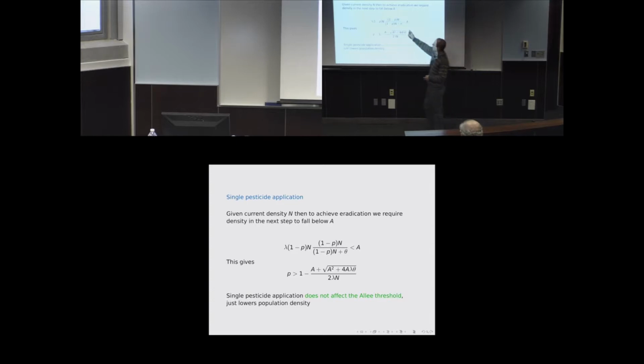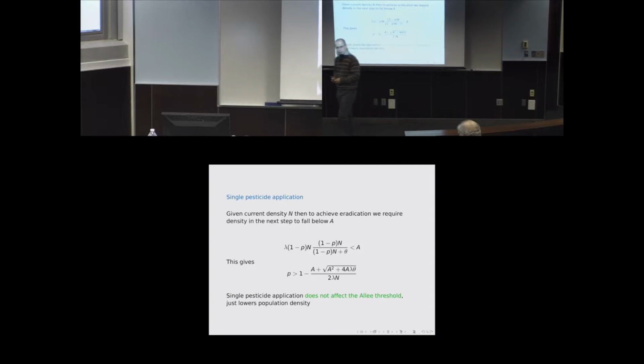So this term, which is essentially the growth of the population over one year, where all these population sizes are multiplied by 1 minus P to reflect this control, is the population size in the next time step, and this needs to be less than A. A simple analysis then shows that we need to have P larger than some critical value to cause the population to fall below the Allee threshold, and then it goes extinct by itself. Forget about stochasticity at the moment.